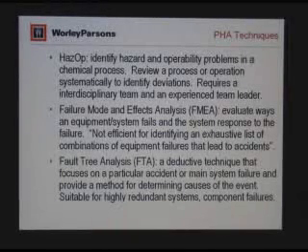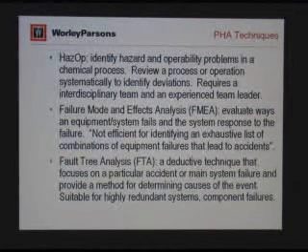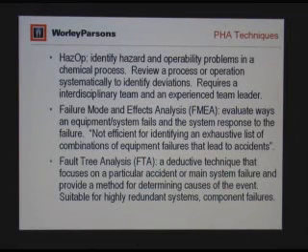And the next one is the HAZOP. It is a systematic way to review the process and the operating problems, and it requires an interdisciplinary team and also an experienced team leader.